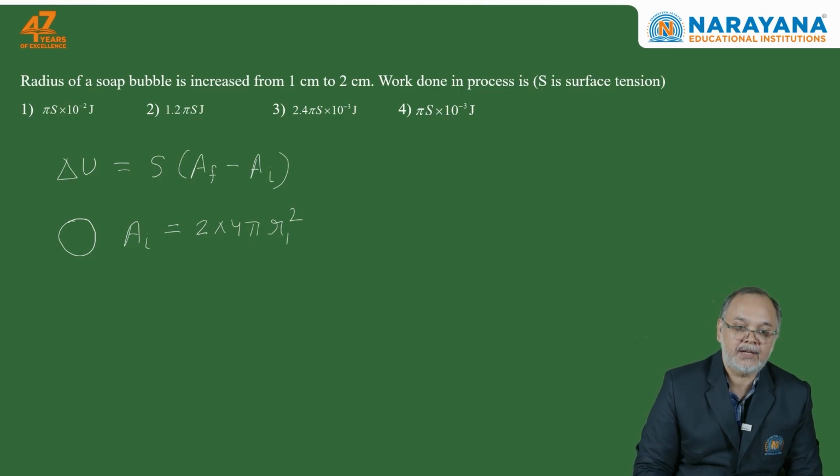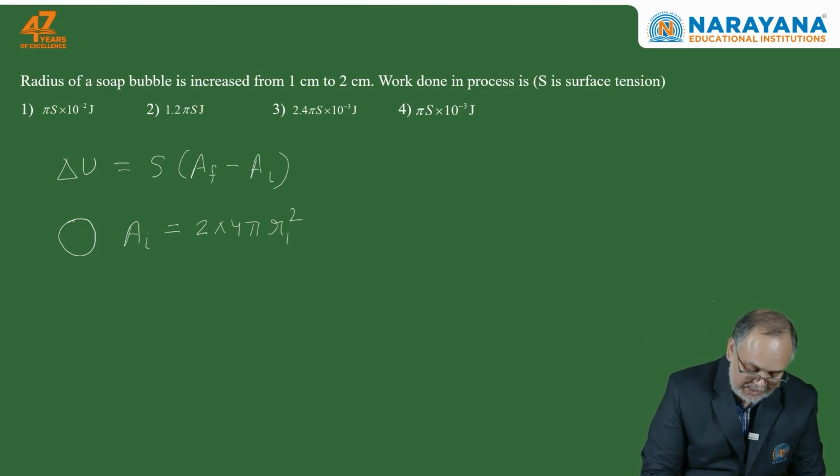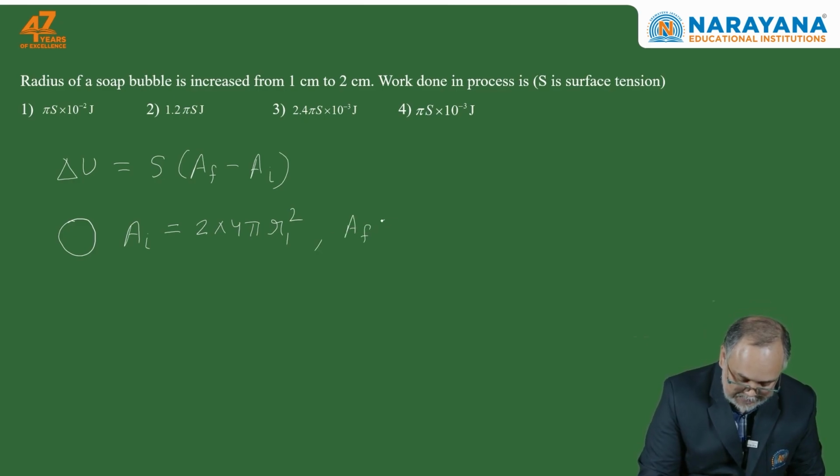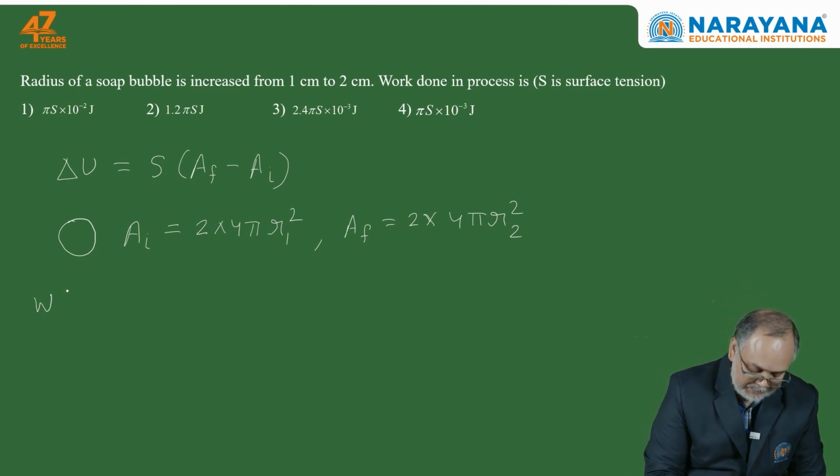Be careful over here, we have two surfaces, so we need to multiply with 2 here. And similarly, we can write A final, that is 2 into 4 pi r2 square.